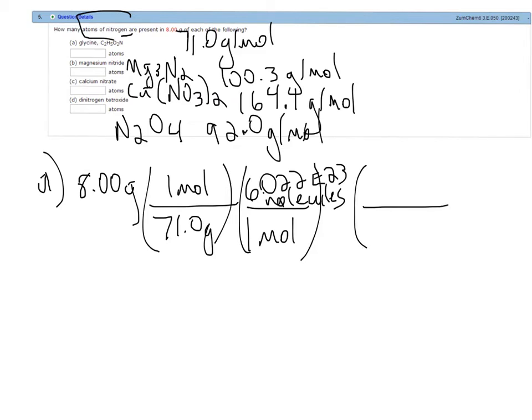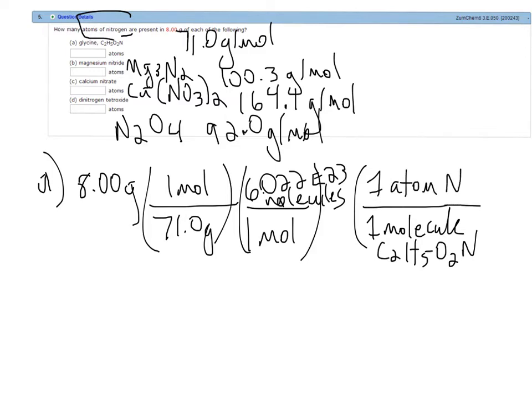And then look carefully at the formula. 1 molecule of C2H5O2N contains exactly 1 atom of nitrogen. That is, the subscript for nitrogen within the molecule is a 1.